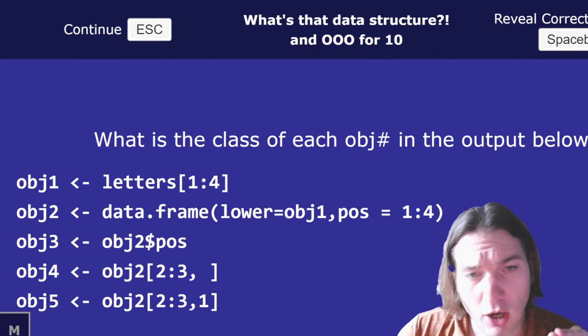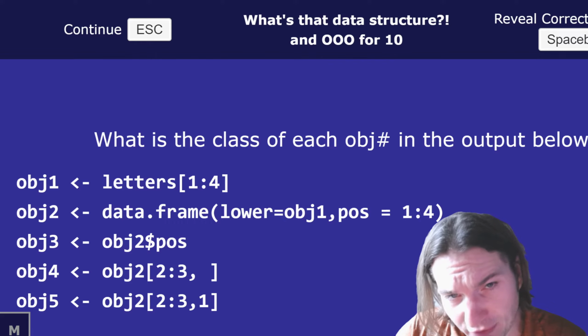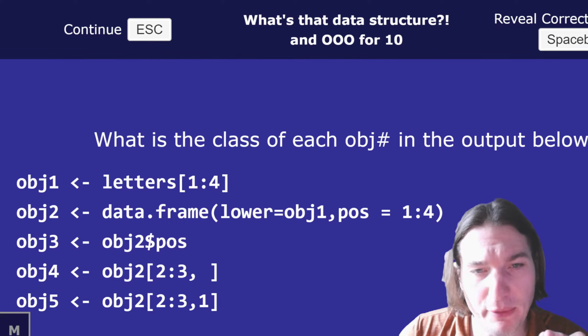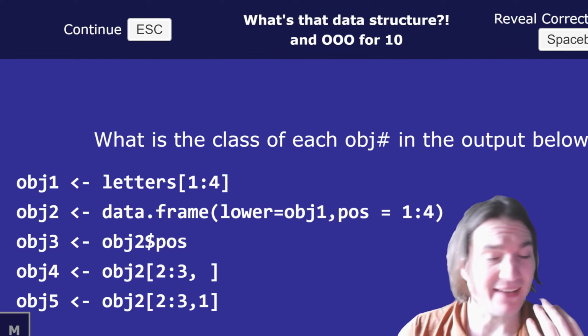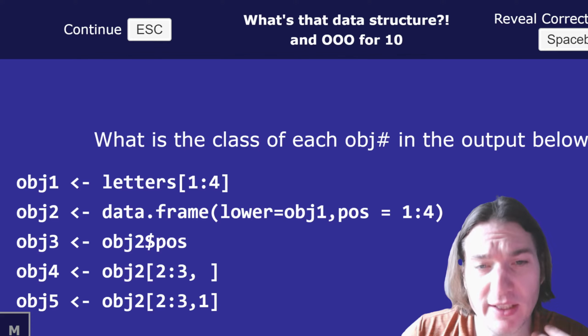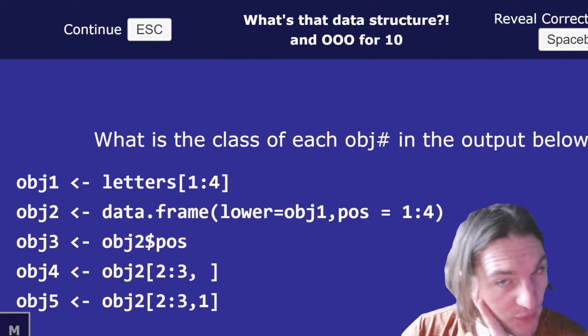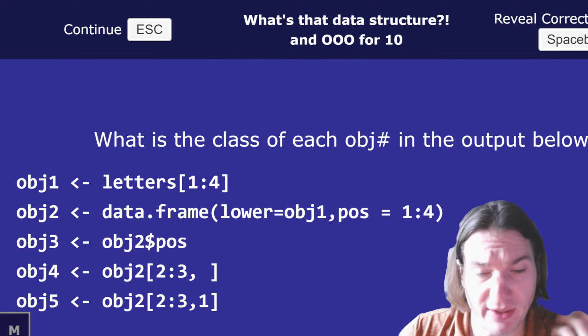If I then open up object 2 and extract the contents of the POS column, that is going to return the data inside. That is the job of a $ sign. It opens up a single container in a list type object. Well, that is containing integer data, and so object 3 would return integer.